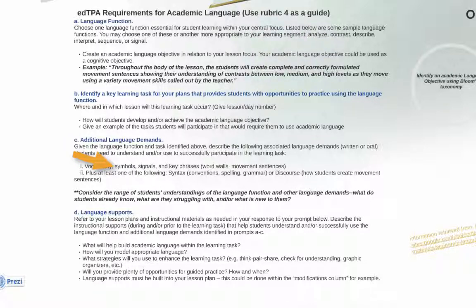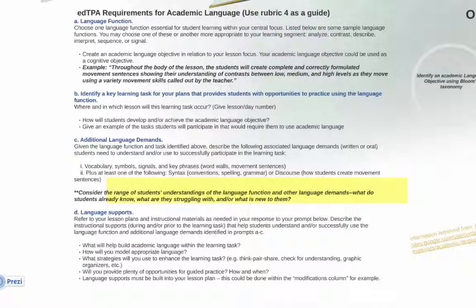And this is where our word walls, movement sentences, and things like that can come into play. And two, you want to make sure you include one of the following. Syntax. What conventions are the students going to be using? Spelling, grammar, or discourse? How are the students going to create movement sentences?